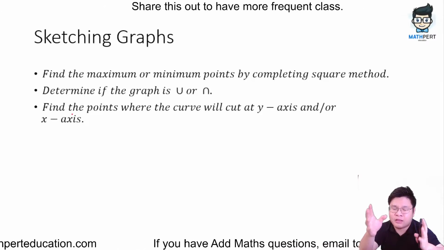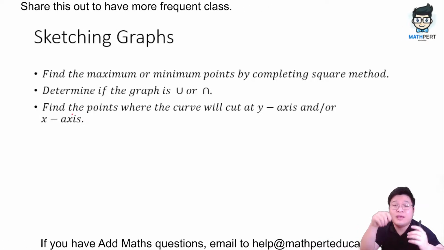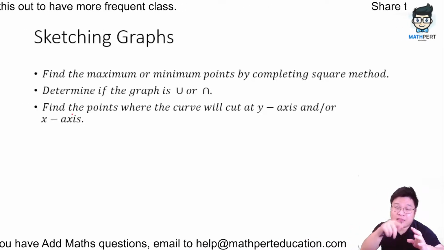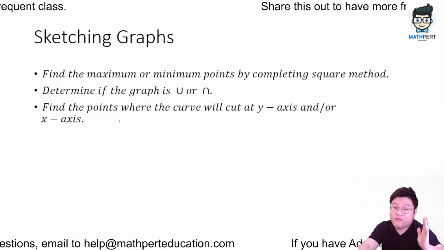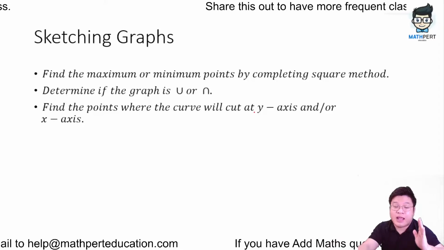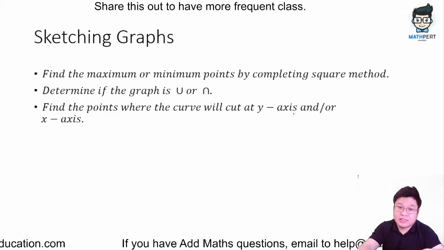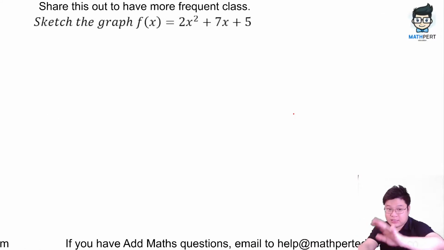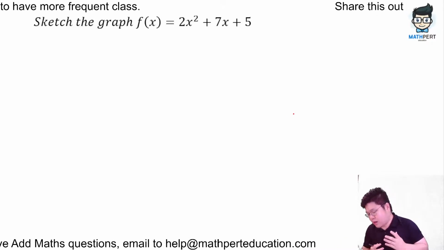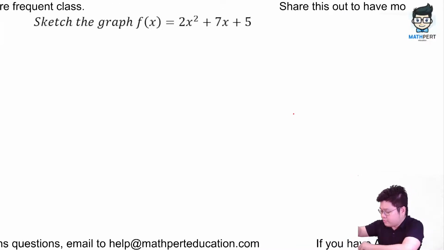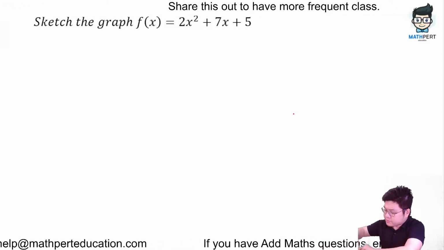When you are sad, the sad emoji's mouth will be a maximum. Then determine whether the graph is a U or N, and then we need to find the points where the curve cuts the x-axis or y-axis. So let's take a look at this. We have a few methods, but I will only show you one method because of time constraint.